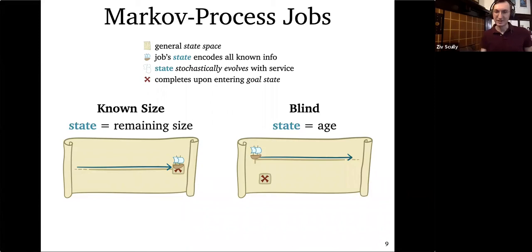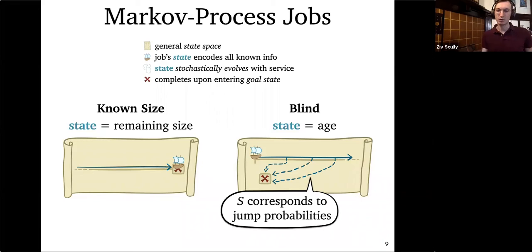But at various points in time, there's a chance that the job will jump to the goal state. And these jump probabilities correspond to the job size distribution S. Here in this example, we've got a size distribution with three possibilities: small, medium, and large. And maybe this particular job isn't small, but is medium. So when it reaches this medium age, it will jump to the goal state.